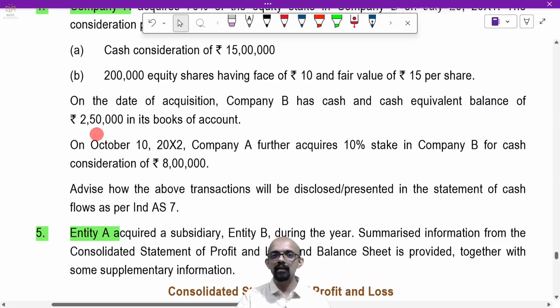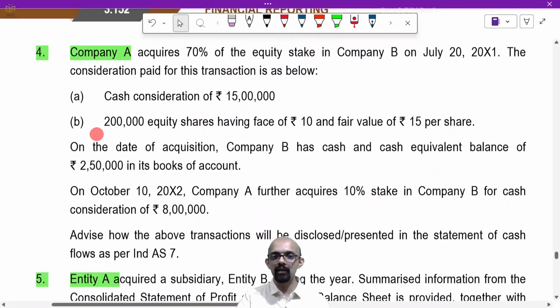So how will we show it in the cash flow statement? We will show under investing activities the consideration paid net of the cash and cash equivalents of the subsidiary recognized. So 15 lakh minus this 2 lakh 50 will be shown in investing activities.